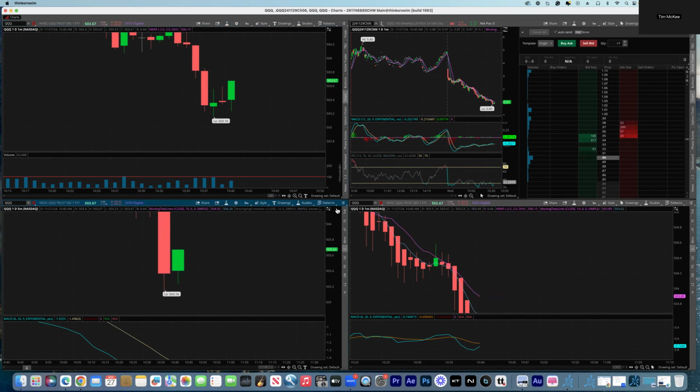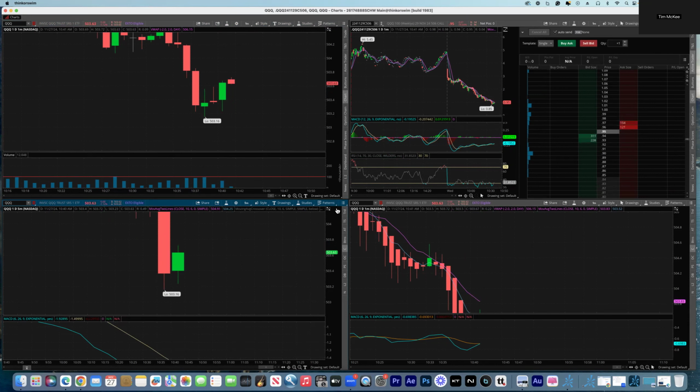Might be getting another demand zone down here. Got a bit of a reversal forming here.